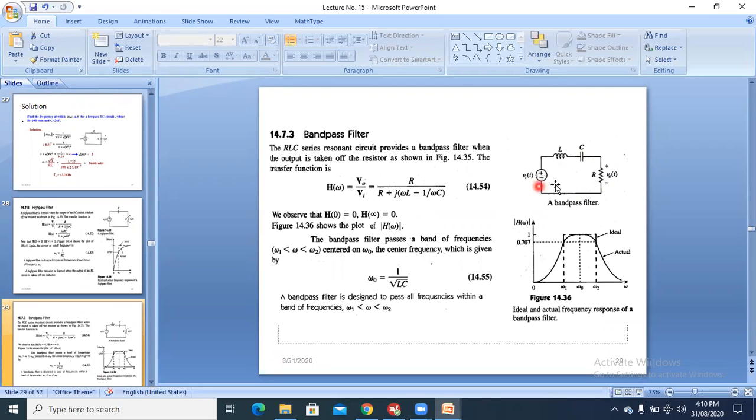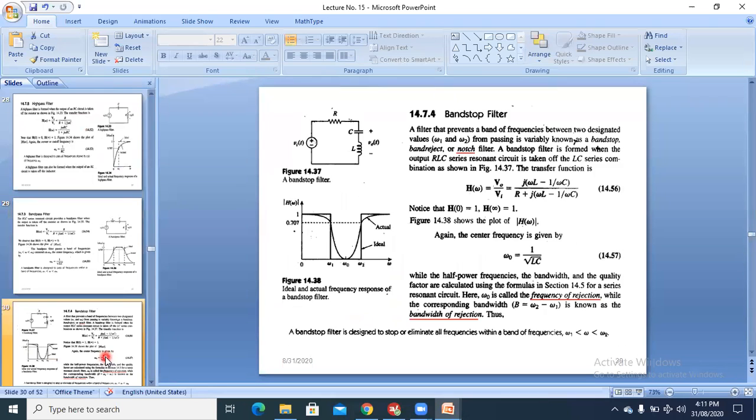We take the output across the resistor, and the output divided by input is given by this relationship, and omega naught, the resonant frequency, we know is 1 by square root of LC, and we know how to calculate the values of omega 1 and omega 2. So omega 1 and omega 2 are the half power bandwidth points of the circuit.